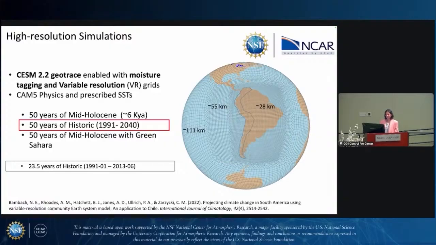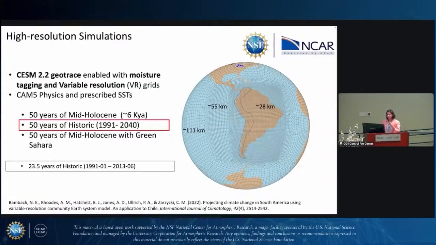This is a variable resolution simulation with a nominal 1-degree grid over the entire globe with high-resolution nesting over our region of interest. And when it comes to broader South America, we have 0.25 degree resolution.